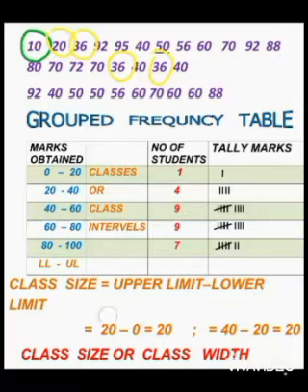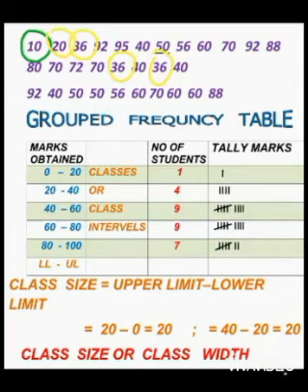It is quite difficult for us to represent it in an ungrouped frequency distribution table. So we can also condense it into groups, children. These marks data that they have given, we can condense into groups.